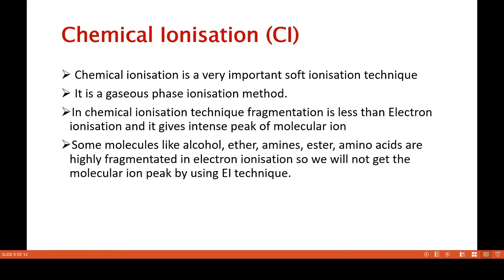Let us take some examples. Molecules like alcohol, ether, amine, ester and amino acid are highly fragmented in electron ionization. So we will not get the molecular ion peak due to the greater fragmentation.